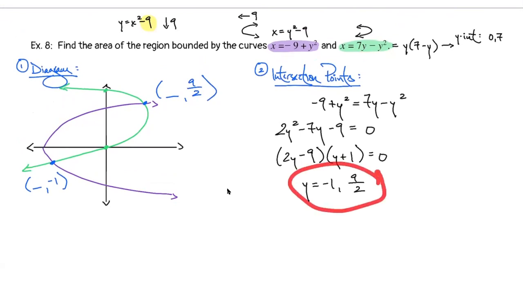I was able to find the y values of the intersection points. And this graph looks sideways almost from what we were looking at before. That means that my rectangles are going to be perpendicular to the y-axis. Exactly. They are going to stack, or line up, along the y-axis, right?